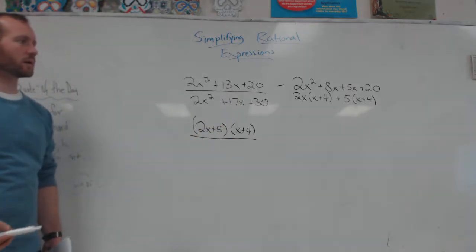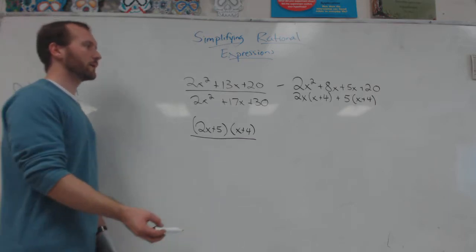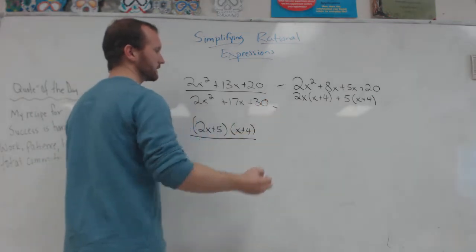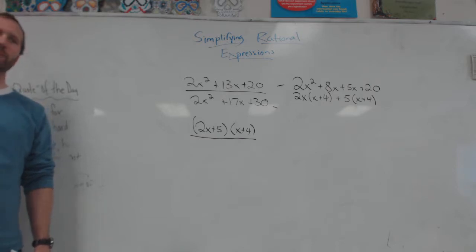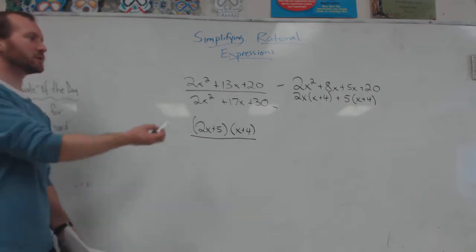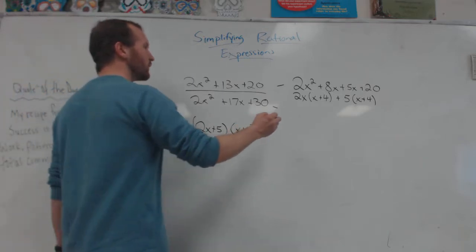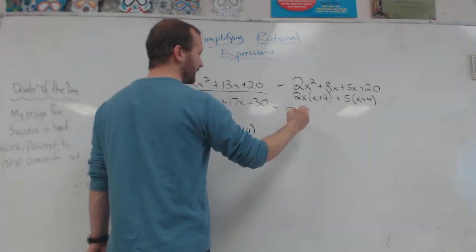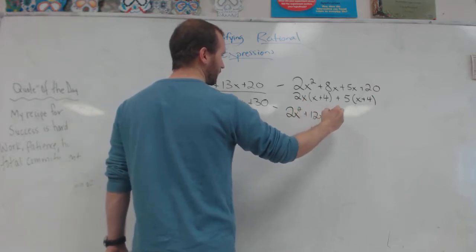Now I've got to do the same thing with my denominator. I need factors of 60 that add up to 17. Right, because 2 times 30 is 60. What'd you say? 5 and 12. Beautiful. So I'll rewrite this using 5 and 12.